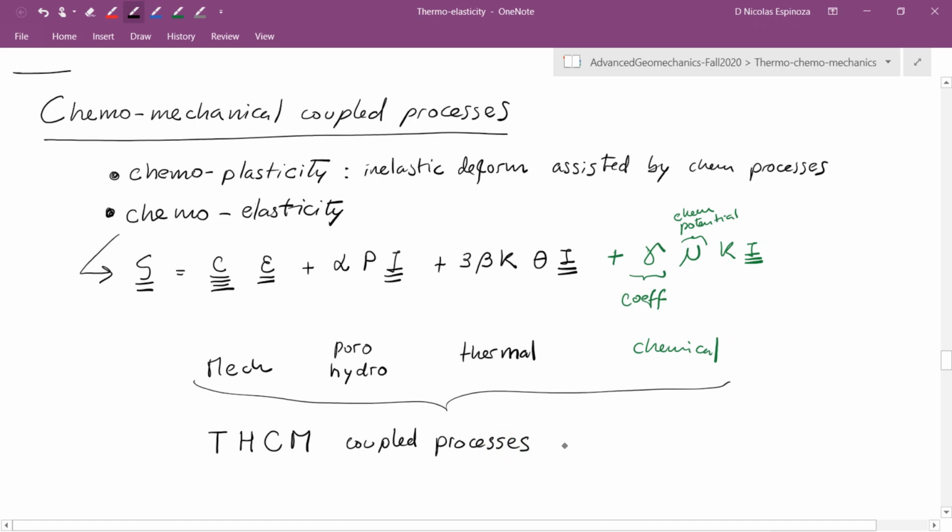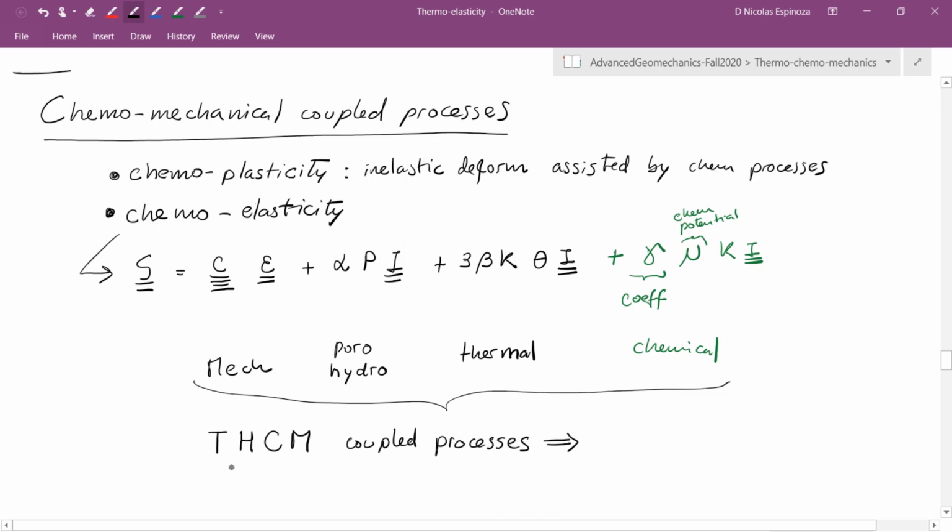Something very interesting of these chemical-mechanical coupled processes is that when you combine two physics that you didn't have before, you sometimes have phenomena that would not occur otherwise. For example, the case of thermoelasticity is a good one. We have seen that if we have a solid and we do not let it expand, then we have a thermal stress. Something that would not happen if we did not have that condition of not allowing the solid to expand.